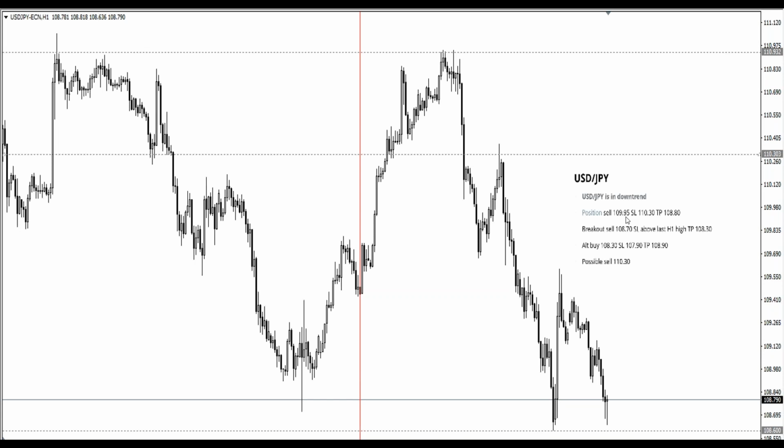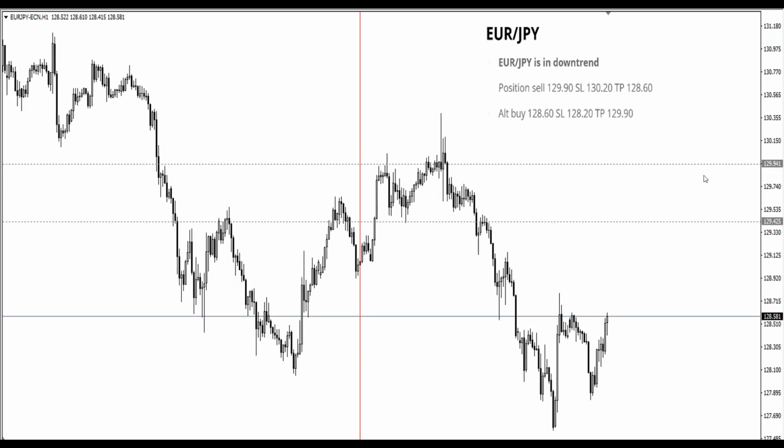It was a sell position from 109.95 here, and you see this extension to the upside, even above 110.30. But then, wow, it was a big bang for dollar yen. It dropped almost 200 pips in a couple of days, and some traders took a loss, some traders took a win here, so mixed.